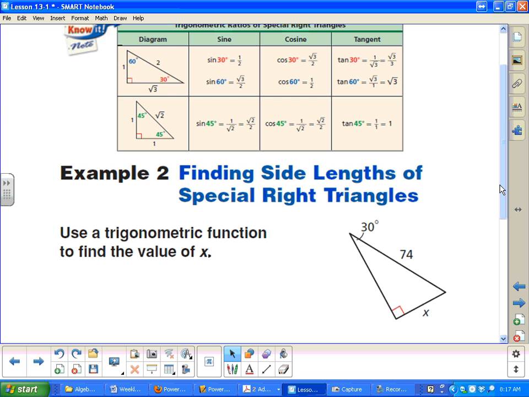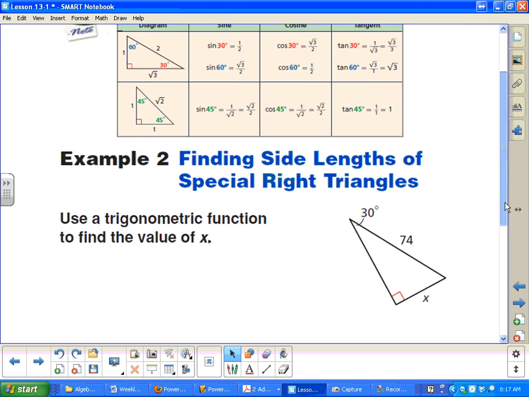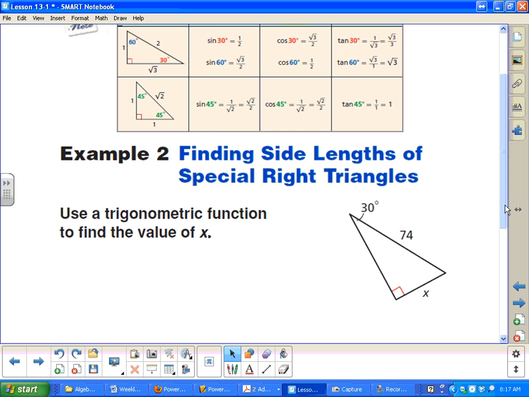So they want us to use the special right triangles to solve some information about triangles. So here we're going to find missing side lengths. And we have this triangle here, that this angle here is 30 degrees.